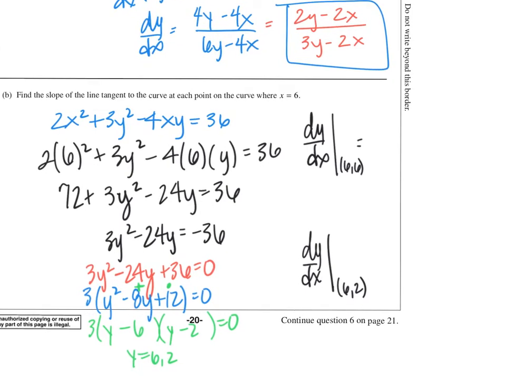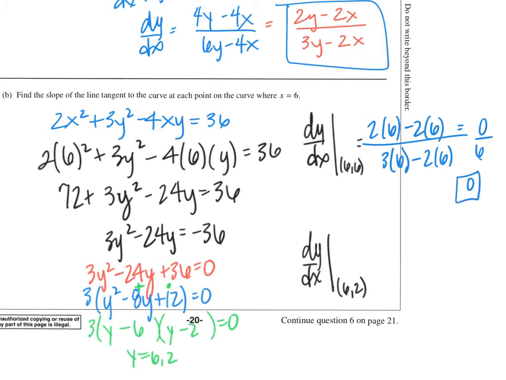So when I plug in x being 6 and y being 6, that would look like 2 times 6 minus 2 times 6, all over 3 times 6 minus 2 times 6. Up top we're going to get 12 minus 12, which is 0, over 18 minus 12, which is 6. This gives me a slope of 0.